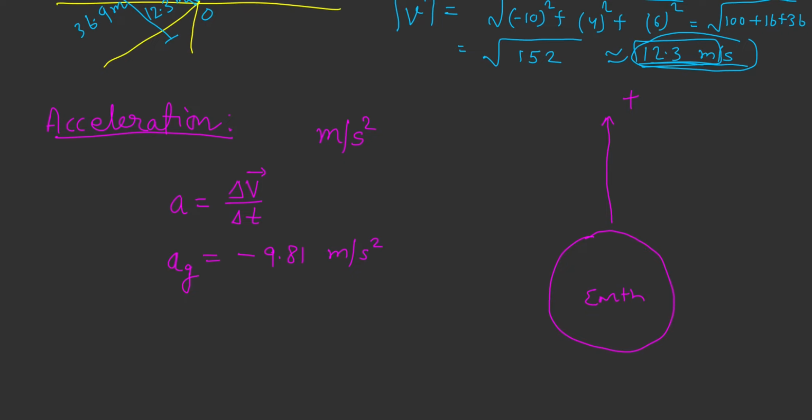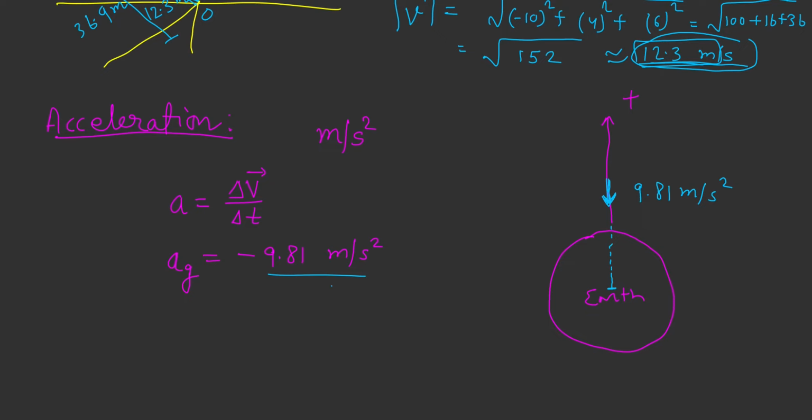The acceleration due to gravity always acts vertically downward, so its direction is taken as minus. If you take the downward direction as positive, then you will write it with a plus sign. That's not a big issue. The main thing is the acceleration magnitude is 9.81 meters per second squared, and its direction is always towards the center of the Earth.